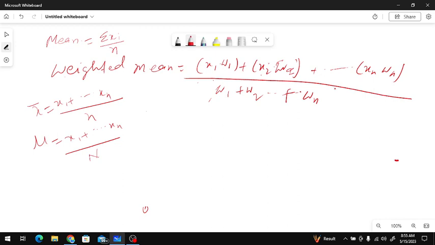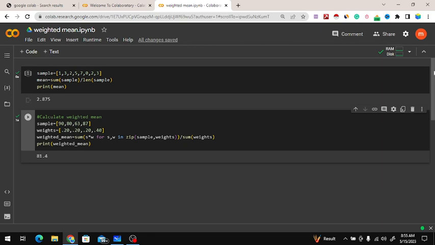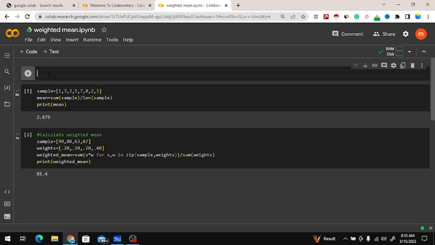So let's discuss how to calculate the mean in Python. I will create some sample values. Look here, I have already created them. Let's find the mean here. So let's see the sample.